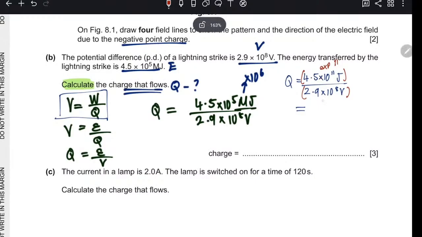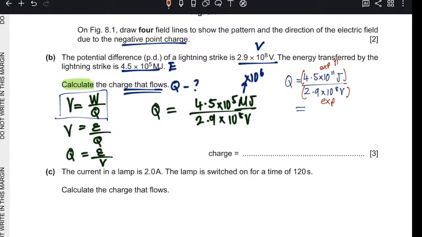Please do it. Divided by 2.9 exp 8. What is the answer? Put it in the chat, students. What is the answer?